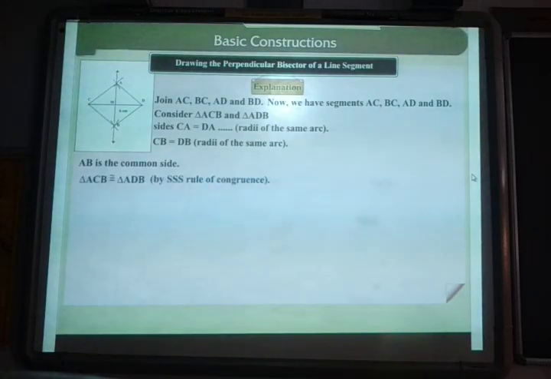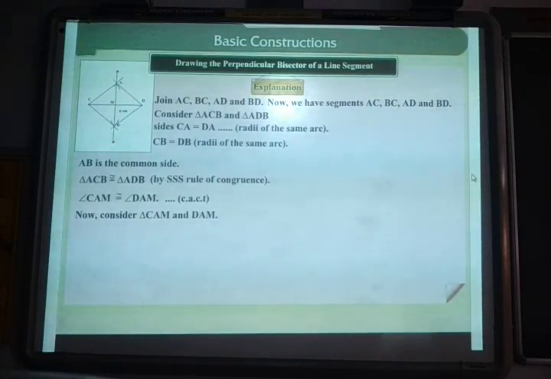So, by the SSS rule of congruence, triangles ACB and ADB are congruent. Hence, the corresponding angles will be congruent. So, angle CAM is congruent to angle DAM. Now, consider triangles CAM and DAM.